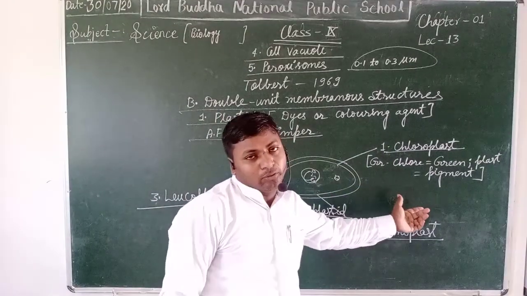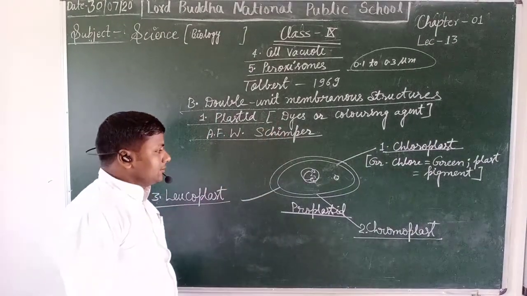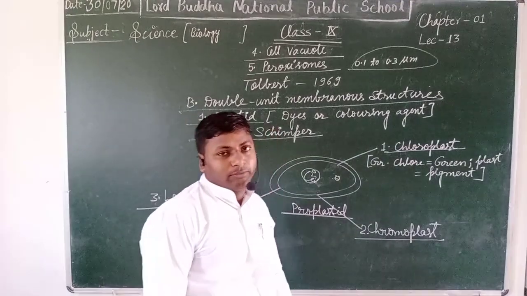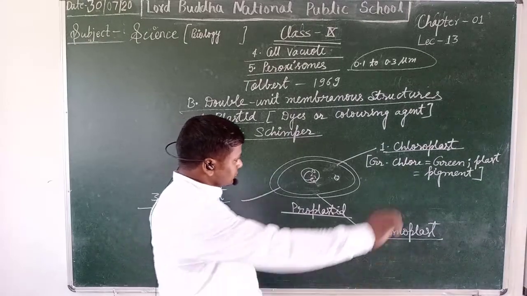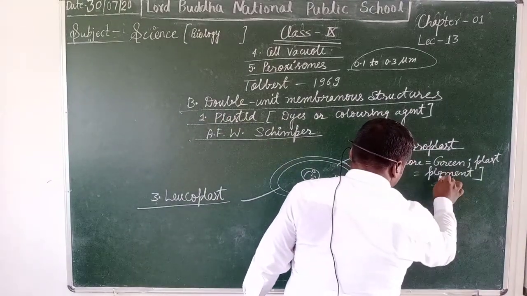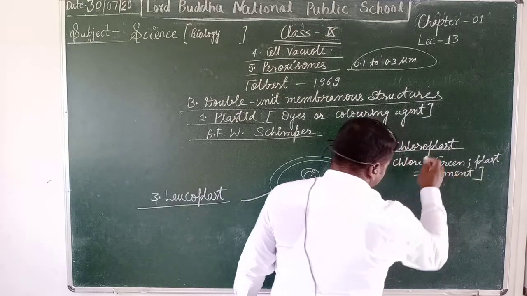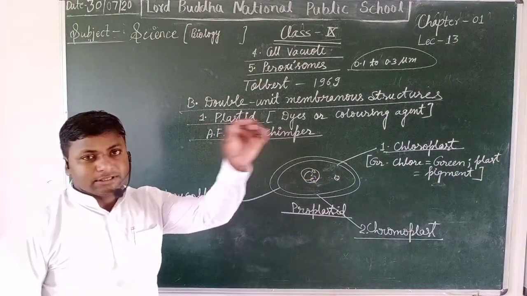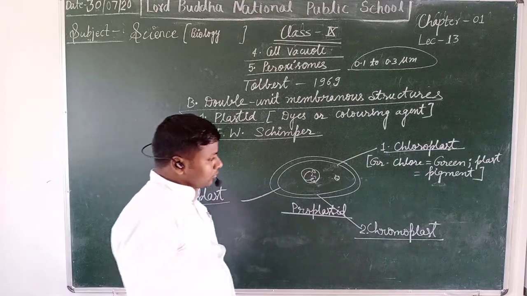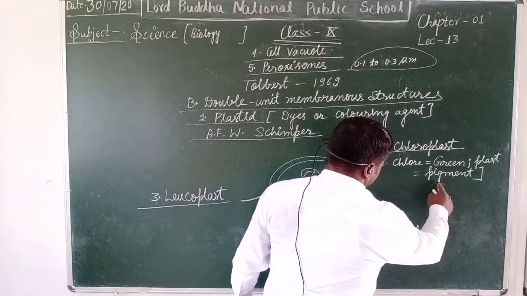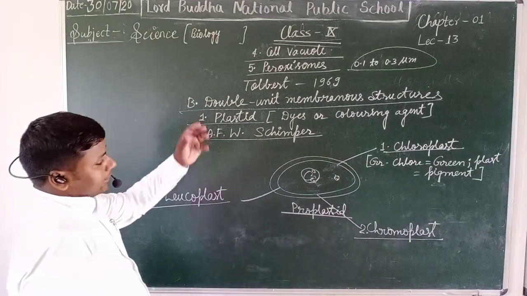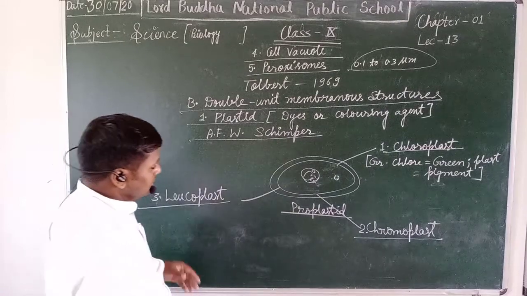They are generally found in the newly developed branches and parts of the plants, as well as in abundant form in the leaves. The color of this plastid is green due to the presence of chlorophyll molecules.